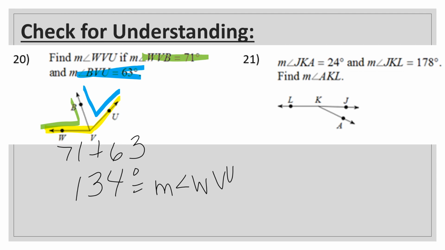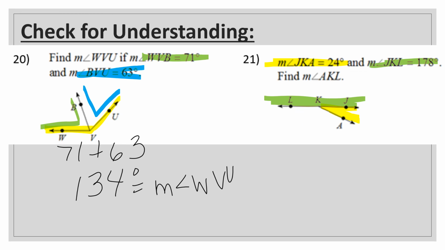For number 21, we are trying to find out, now this is different. It gives us the angle measure of JKA, which is this one here. It gives us the measure of JKL, which is this whole entire one here, okay? So we're trying to find this one here.